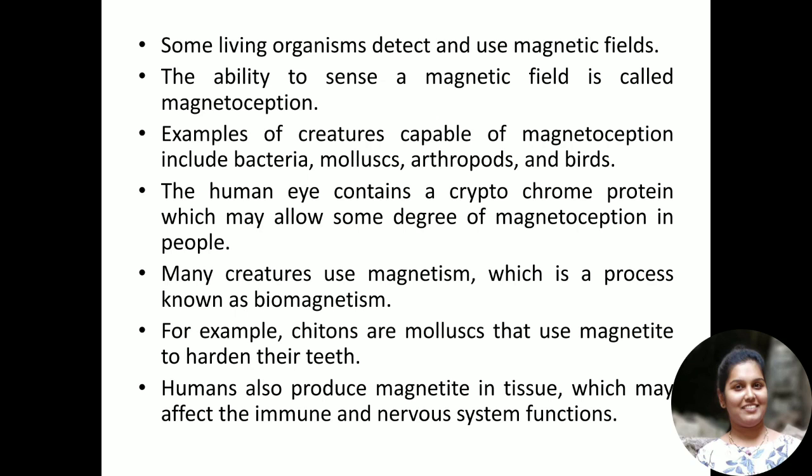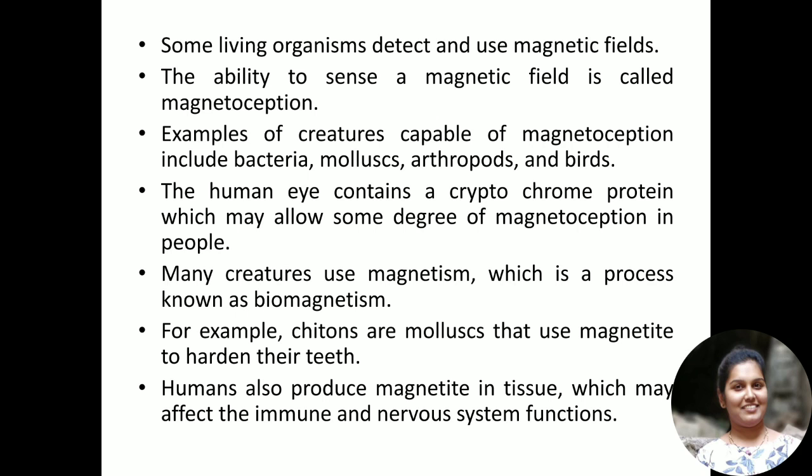Examples of creatures capable of magnetoception include bacteria, birds, arthropods, molluscs, etc. So even birds, arthropods, bacteria and molluscs all have the ability to sense a magnetic field.